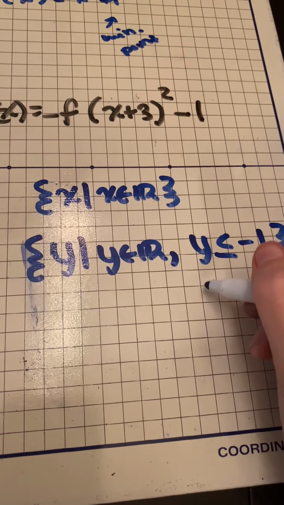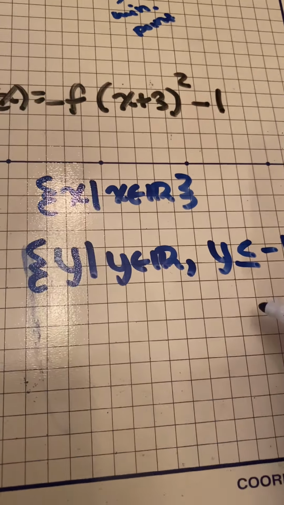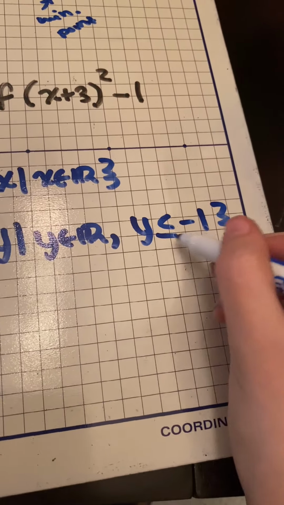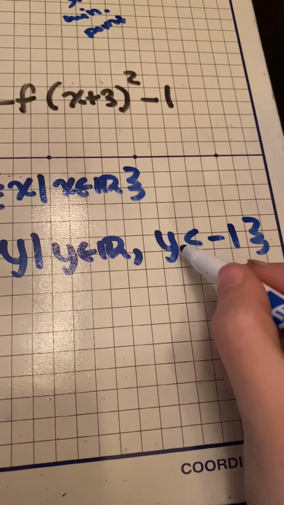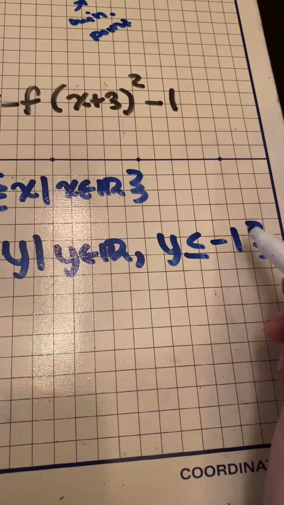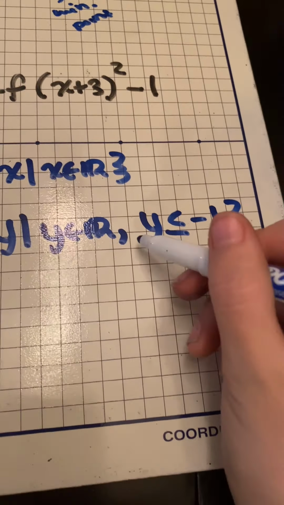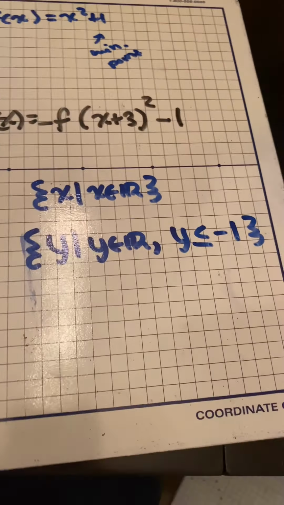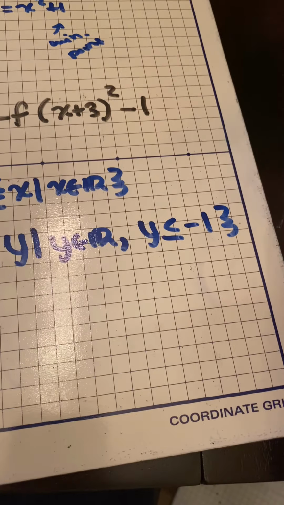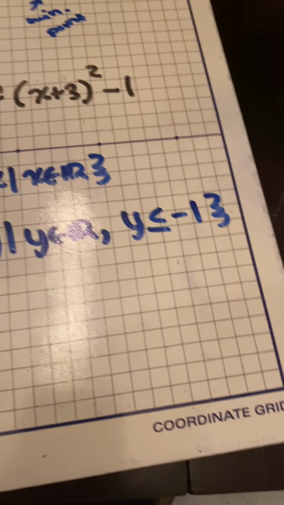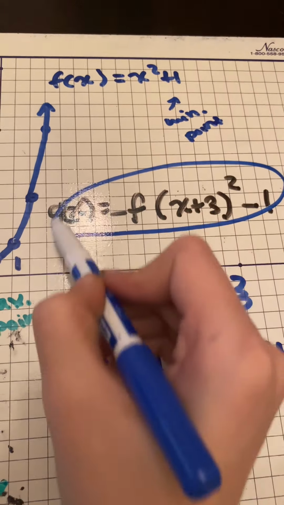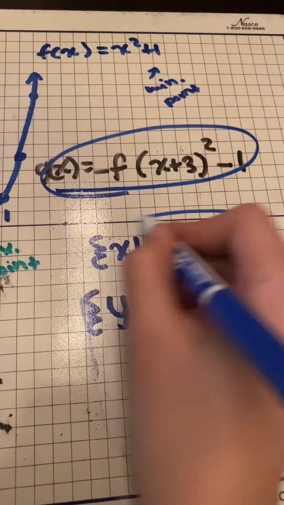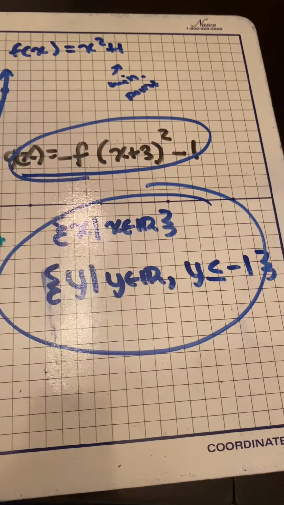Any value here, including -1, could be included because it's the equal to sign. For example, -2 is valid since -1 is bigger than your y, which is -2. So we could say that this is your g function, and this is your domain and range.